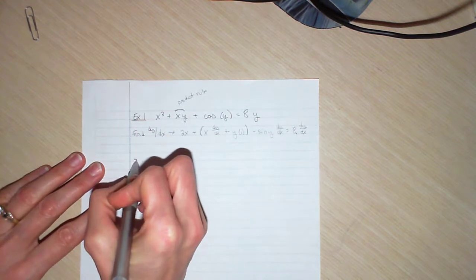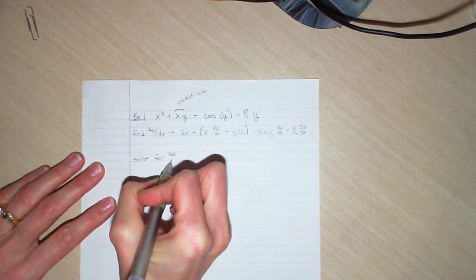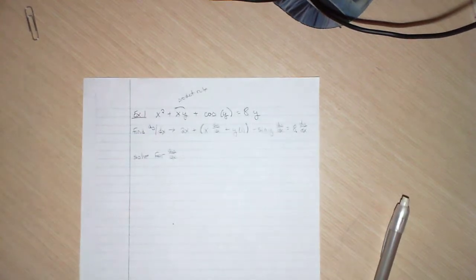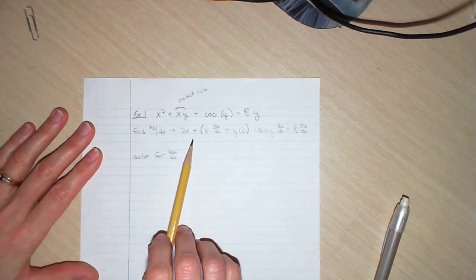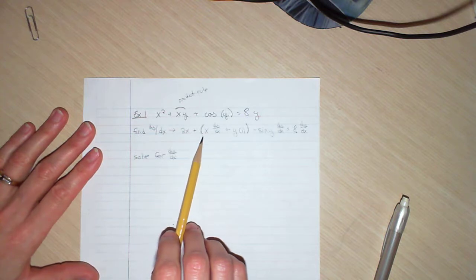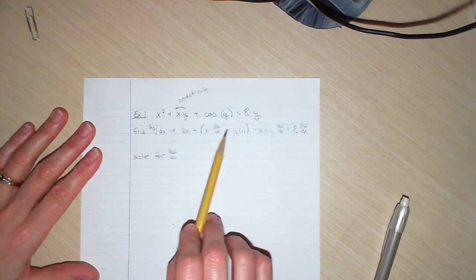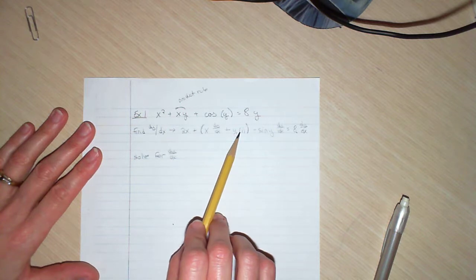Now the next step is you're solving for dy/dx. So you want dy/dx all alone on one side of the equal sign and everything else on the other. I'm going to switch pencils here, see if this shows up better. So the first thing I want to do is to get all the dy/dx's on the same side of the equal sign. So I have a dy/dx term here and one here. So I'm going to minus the 2x and minus the y from both sides of the equation.